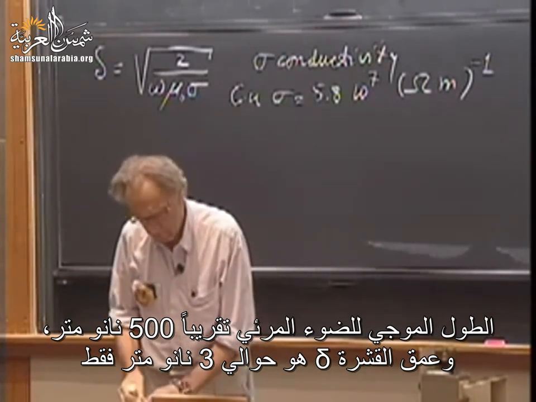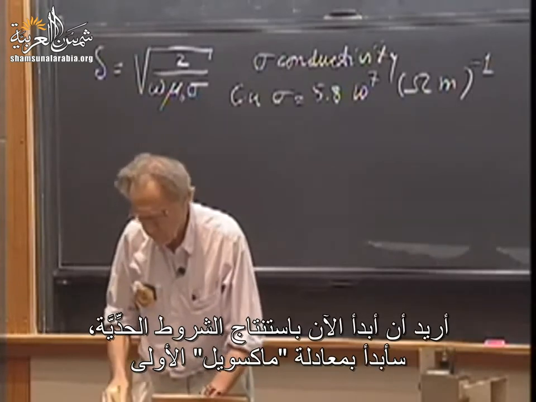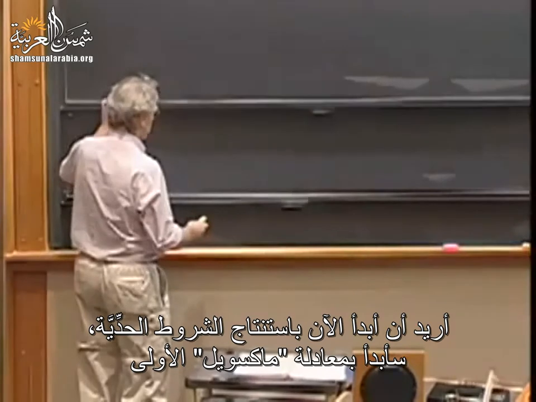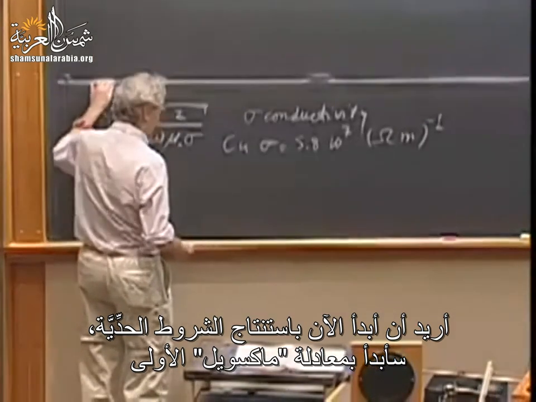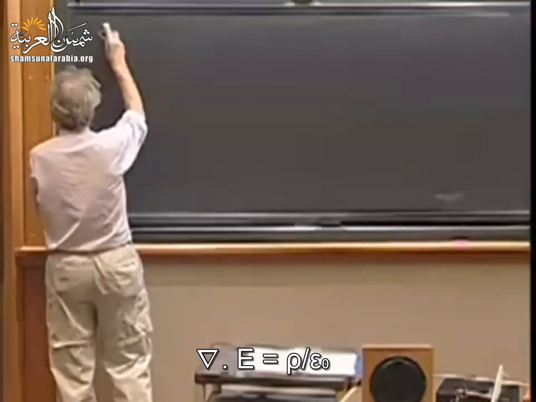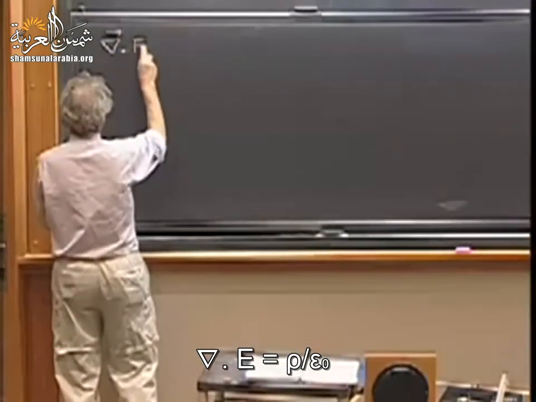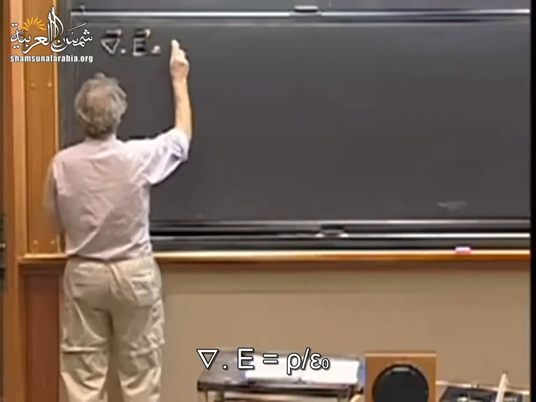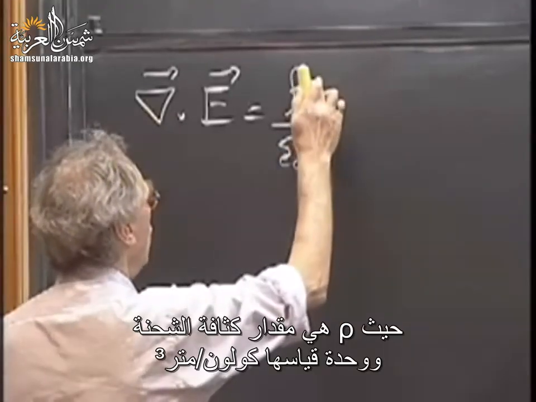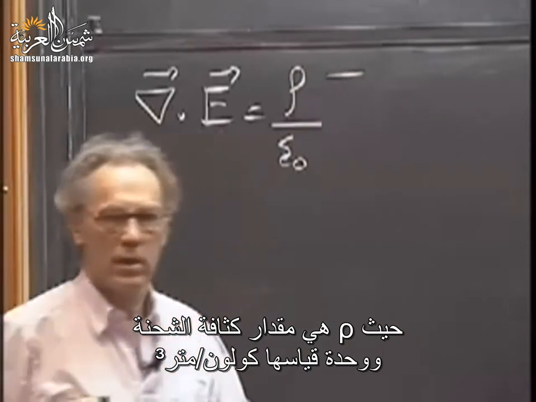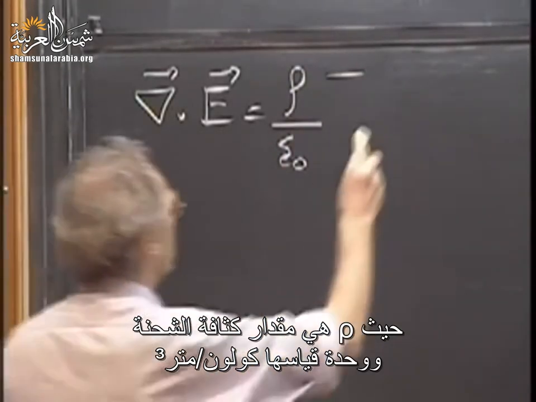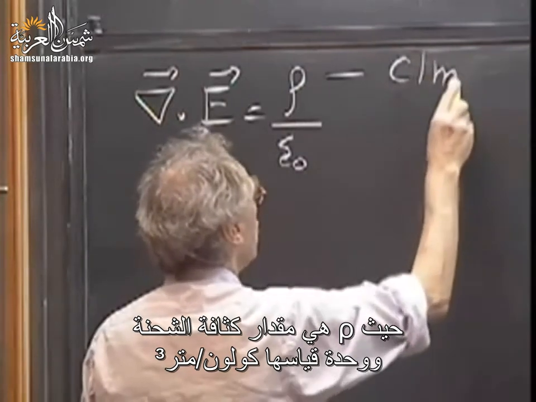So I want to start now deriving the boundary conditions, and I will start with the first Maxwell's equation, which is the divergence of E equals rho divided by epsilon 0, whereby rho is the volume charge density, in coulombs per cubic meter.